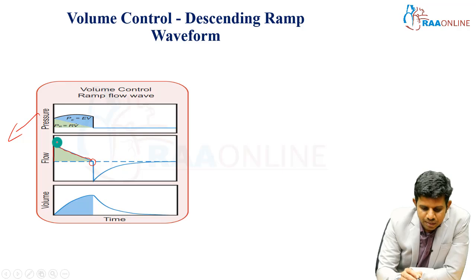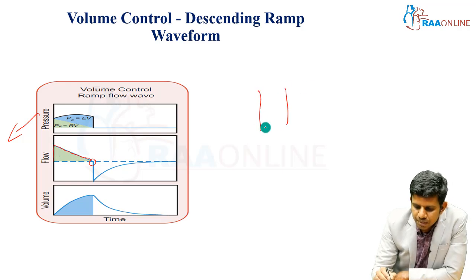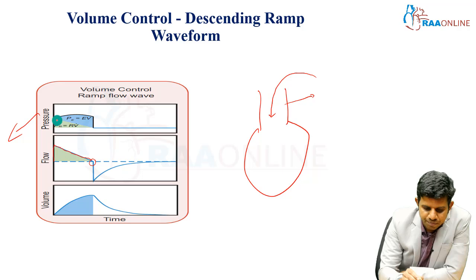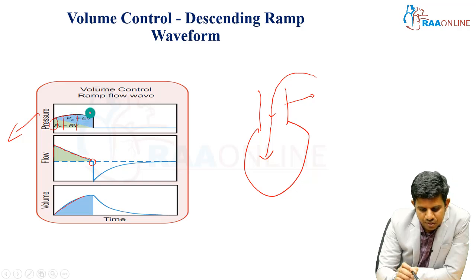So we see here that whenever the breath starts during inspiration, flow will occur. The first pressure is contributed by the resistive pressure. You see here, this is the resistive pressure. Once my alveoli start to fill, the volume waveform starts to rise, and the pressure rises after that, contributed by both resistance and elastance.